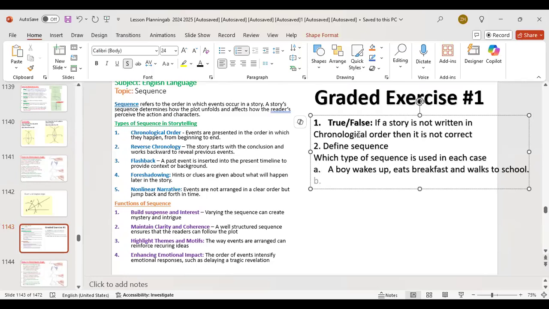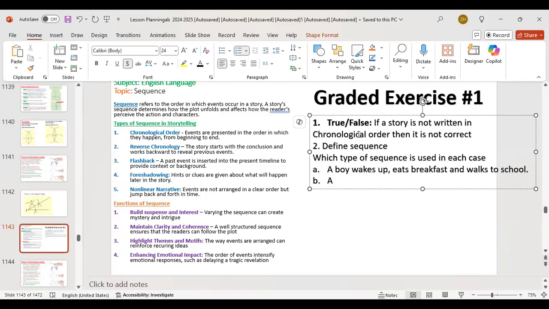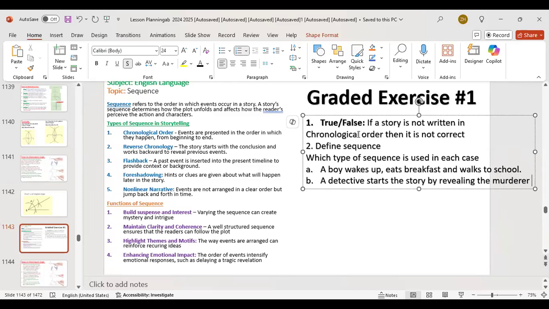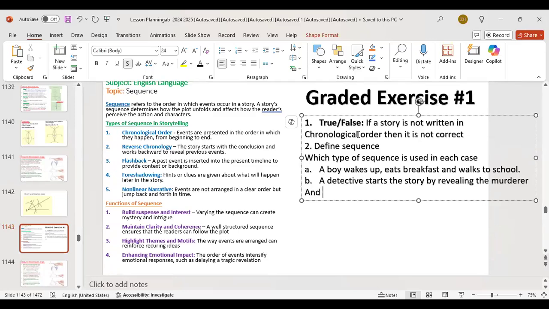B, a detective starts the story by revealing the murderer and then explains the events leading up to the crime.